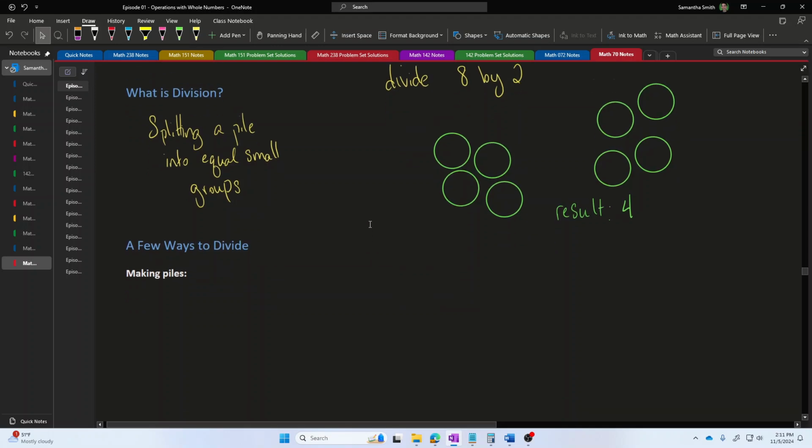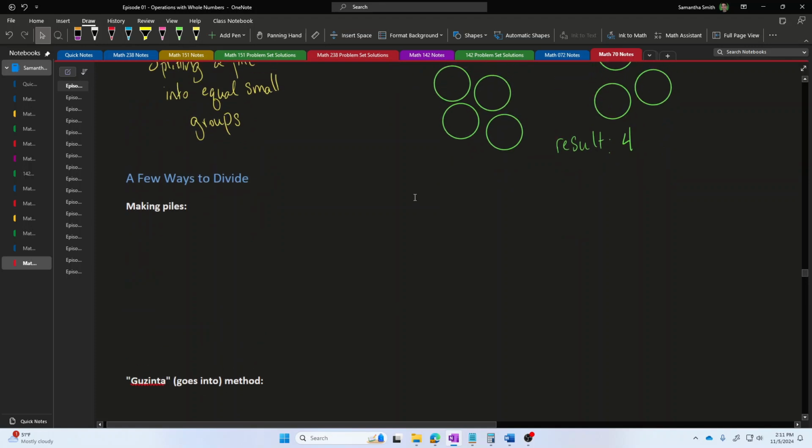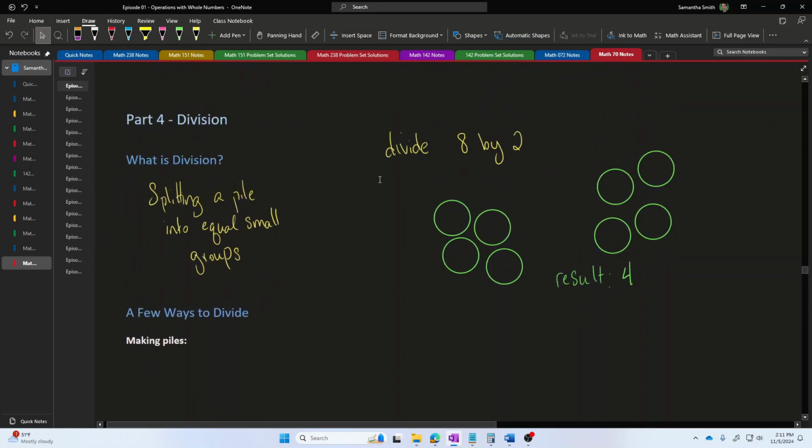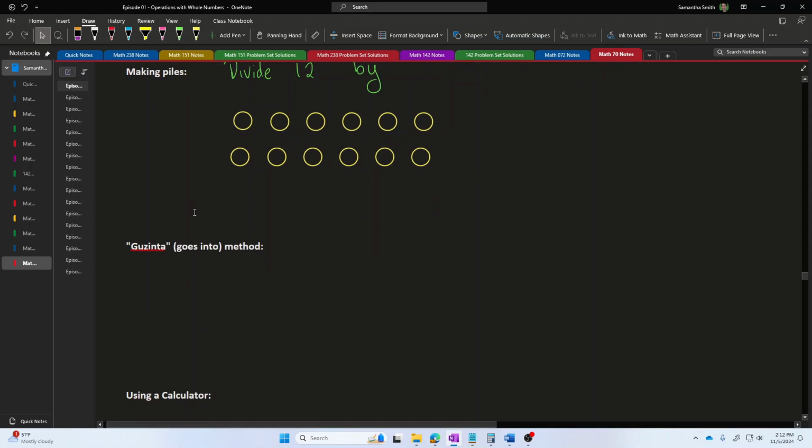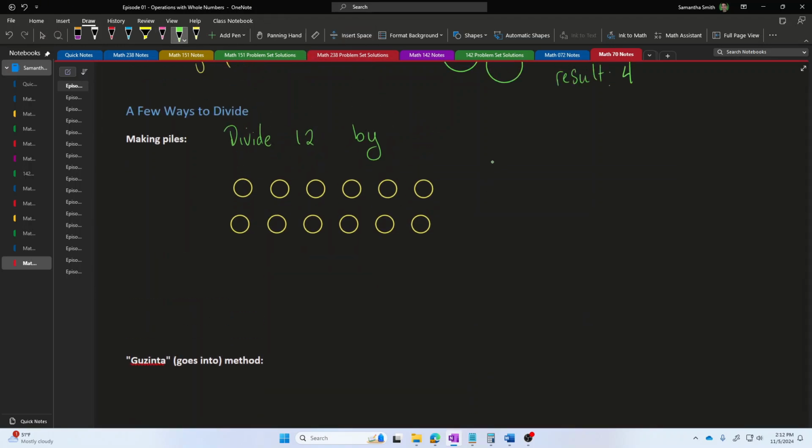Now there are a couple of different ways to perform division. And one of the ways to perform division is to do this kind of situation that we did up here. So for example, if somebody said to me, divide 12 by 3, I would have 12 objects, and then I would distribute those 12 objects into 3 piles of equal size.